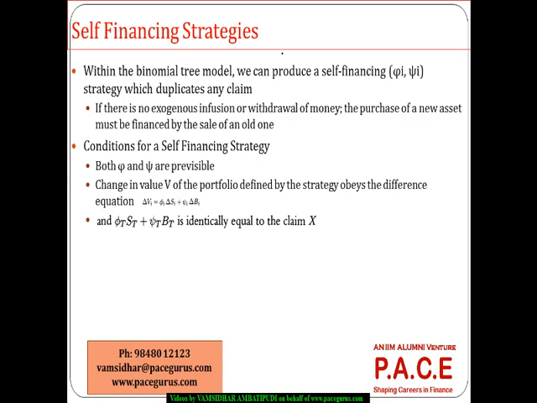And in this context, when we said that I am going with a strategy of phi units of stock and psi units of the bond, we are creating a self-financing strategy which can duplicate any kind of a claim. And whenever I am saying self-financing strategy, there is no exogenous infusion or withdrawal of money.